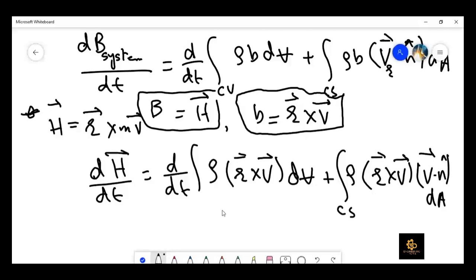dH upon dt, that is equal to the net torque on the system, the net applied torque.